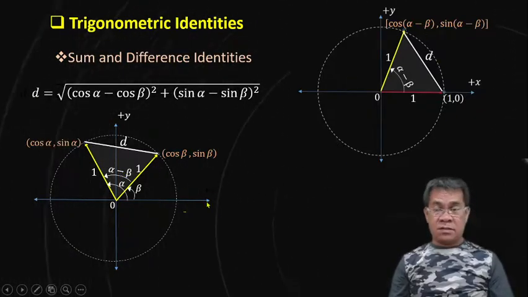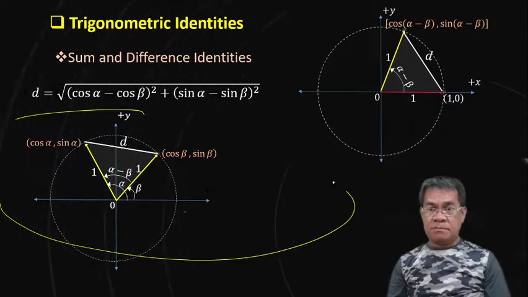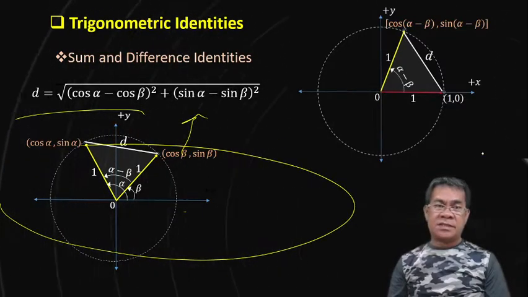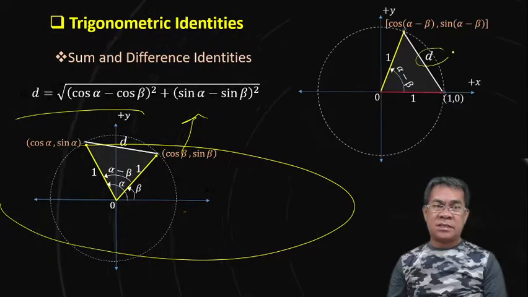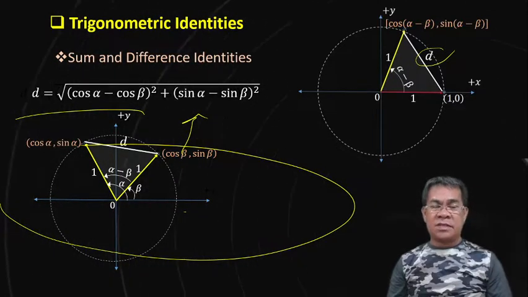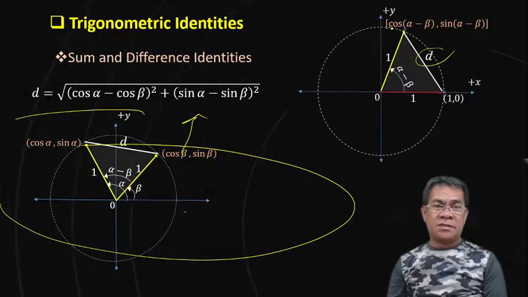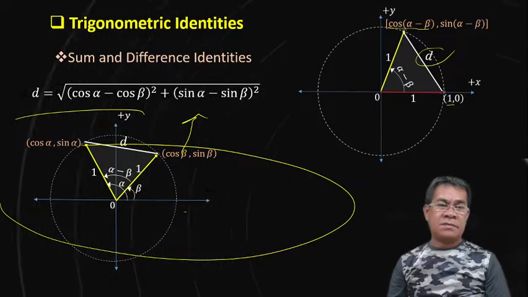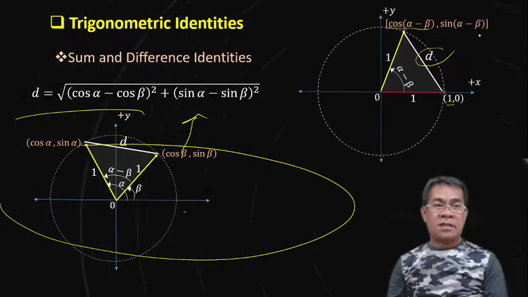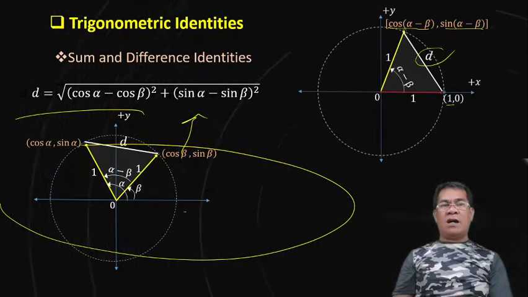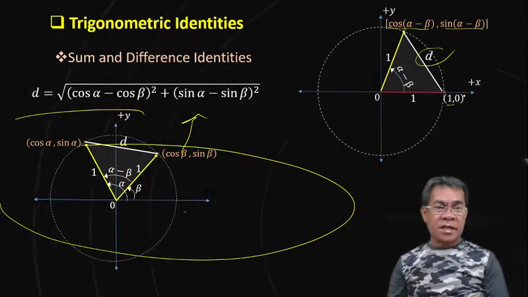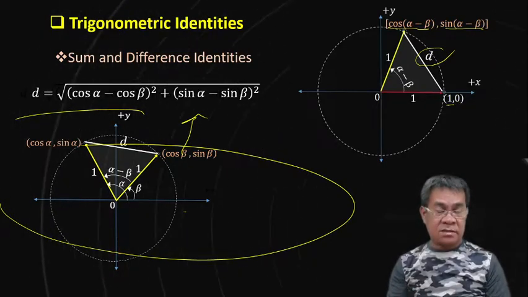So take note that in this configuration we have this distance. Now what is the distance using these coordinates? Use the same principle. If this is your x2 minus x1, square it, then you add the sine of the angle alpha minus beta subtracted by y1, or 0, then square.